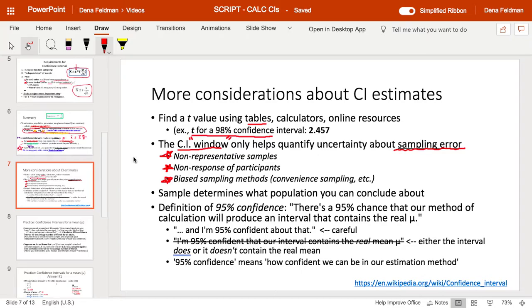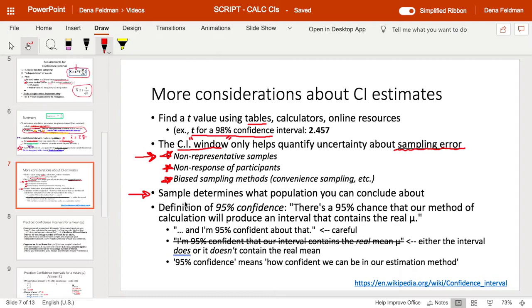So when I say this non-representative sample, make sure that your sample is actually representative of your population, because otherwise you really can't draw conclusions about a population if your sample doesn't represent it.